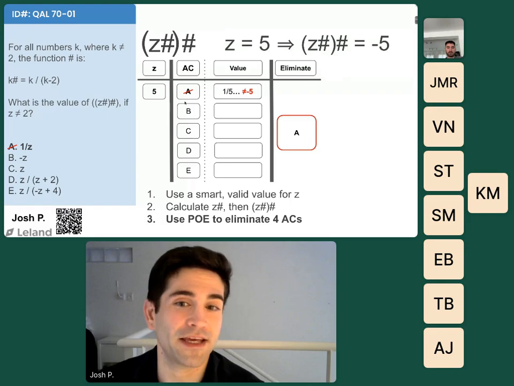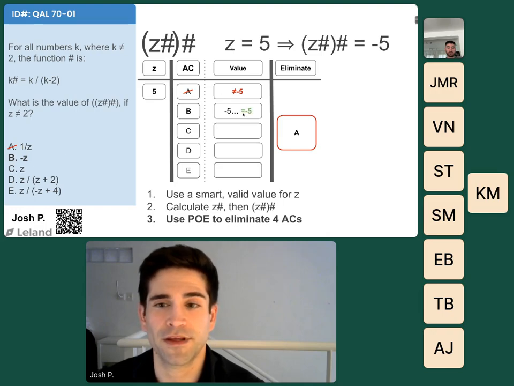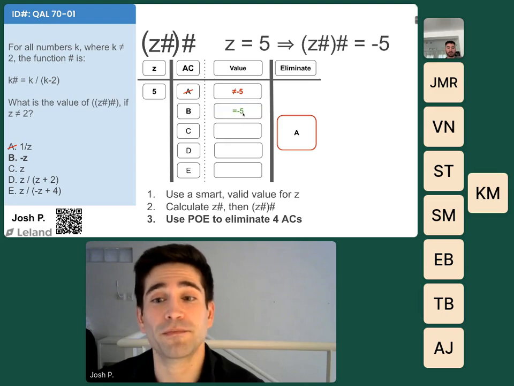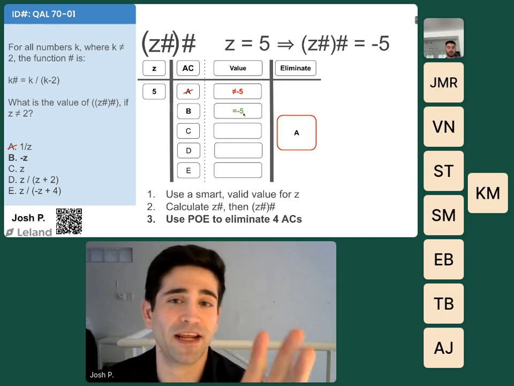Therefore, we can eliminate answer choice A. Let's look at B. B is minus z. So z is equal to 5. Therefore, minus z is minus 5. And therefore, this is a possibly correct answer choice. So we cannot eliminate it, but we cannot say it's the correct answer choice yet.